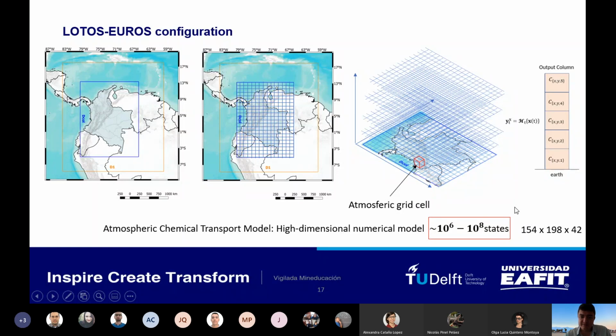In this model, the states of the system are concentration values. And you can see here, for example, different levels, in this case 5, but we are working now with a 42 level in altitude model. But you can see here how each one of the concentrations corresponds to each one of the states.